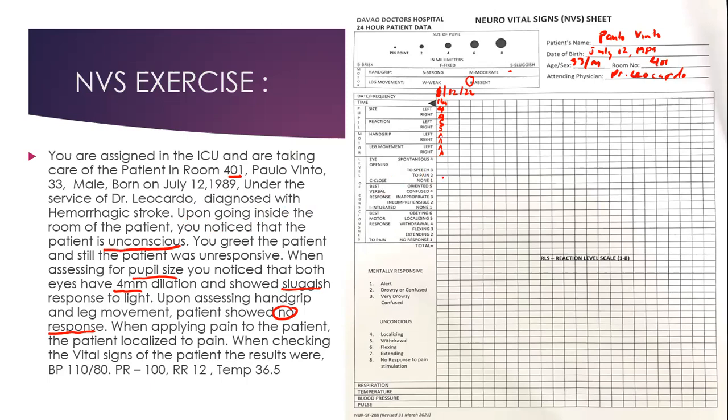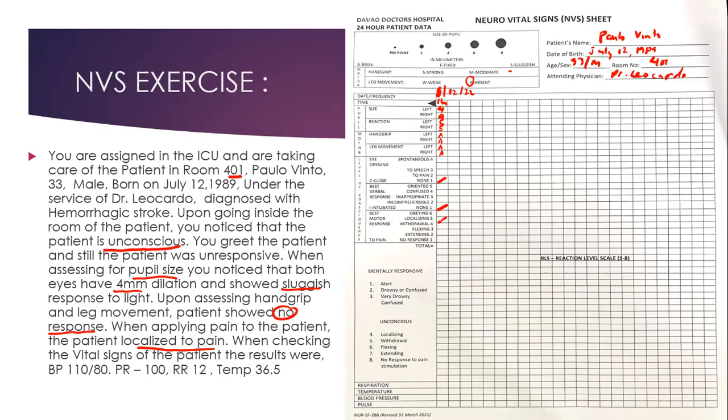Kasi wala. Close ang eyes. Ay, hindi pa pala. None. Pero, upon applying pain, nag-localize sa pain, wala pa rin. Hindi talaga siya nag-open ng eyes, no? So none. 1. So best verbal response, nag-response ba siya? Wala din, di ba? So 1. Then to pain, localize.